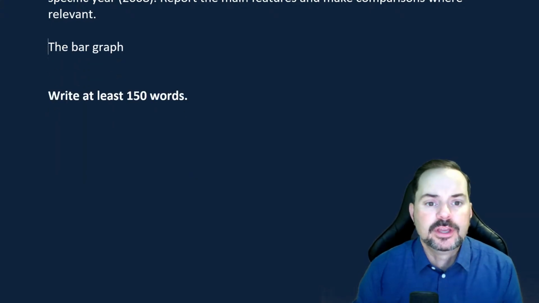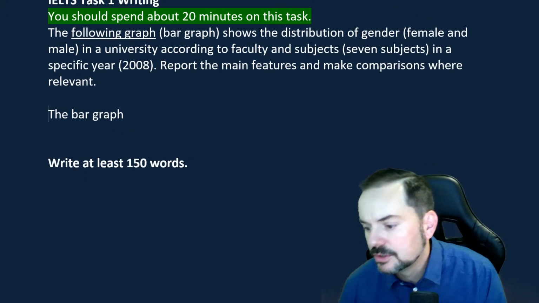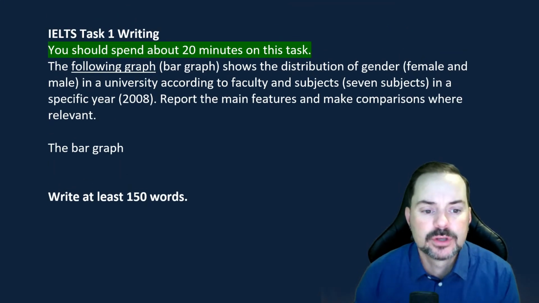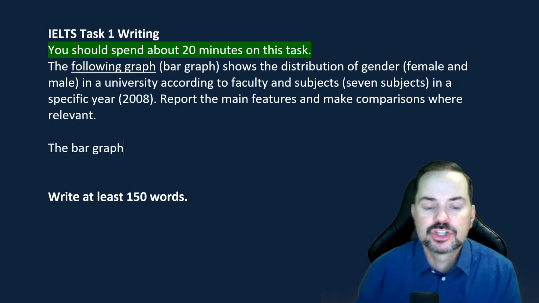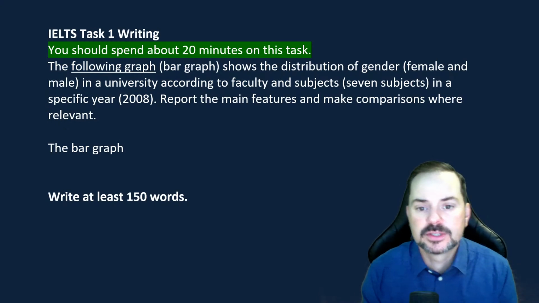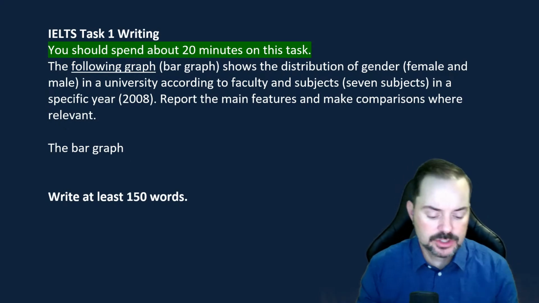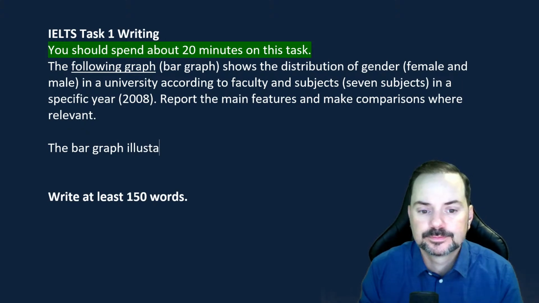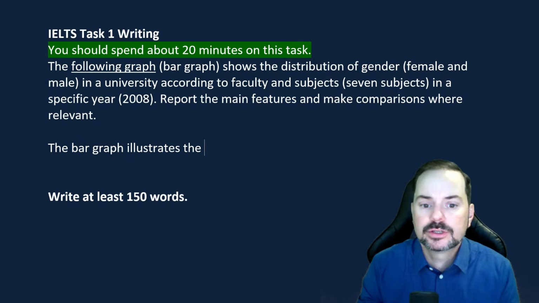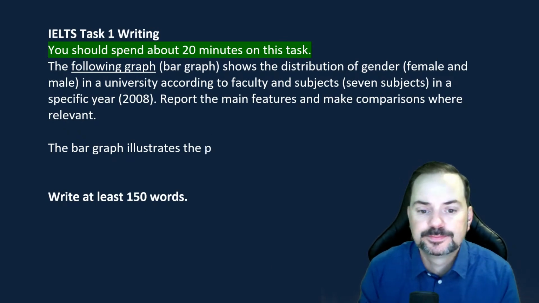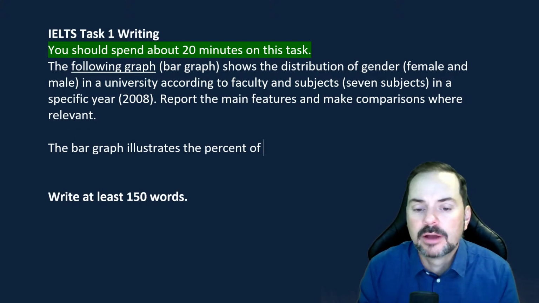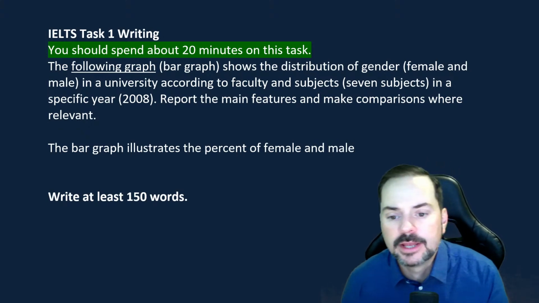So here we go with the paraphrase. Now, members, you can do the same here. So the bar graph shows; there are many, many different ways to say the word shows, illustrates. Instead of distribution, we can say the percentage or percent of female and male. So notice how instead of writing gender, I'm writing female and male.